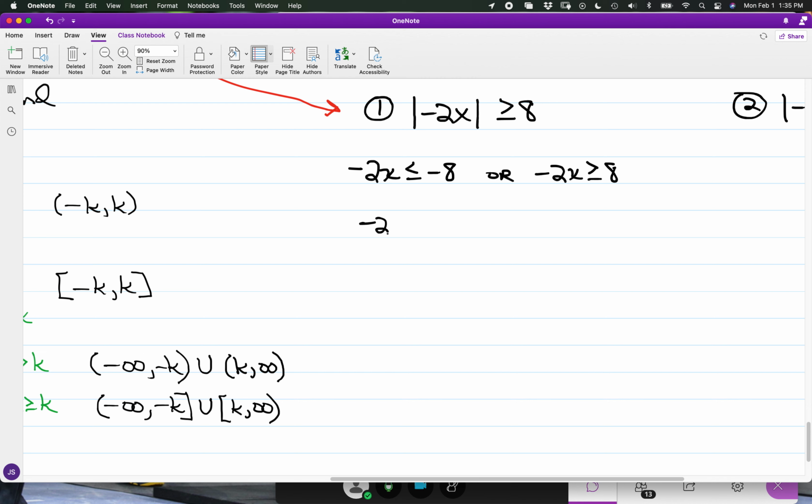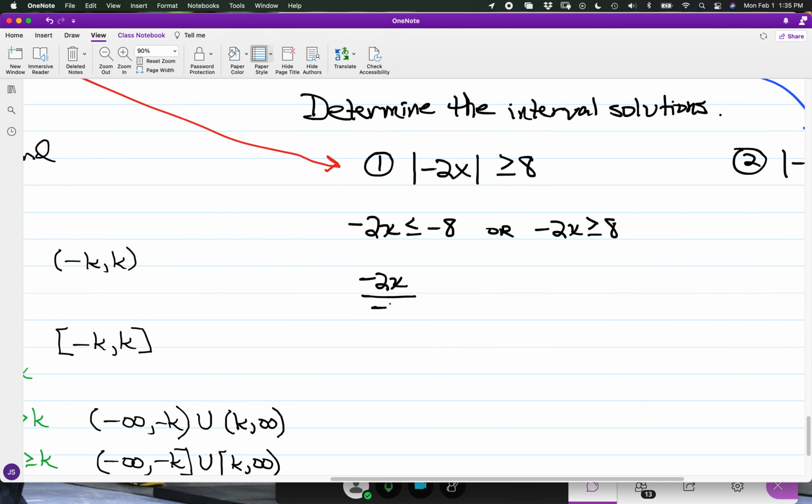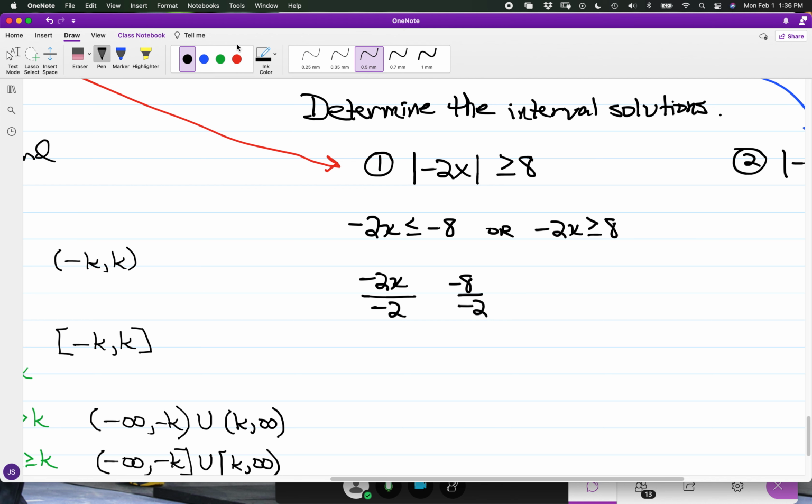Working with what we have, for negative 2x less than or equal to negative 8, if I divide both sides by negative 2 again, I'm dividing by a negative, so the direction of the inequality is going to change from less than or equal to greater than or equal to, and so I'm going to have x is greater than or equal to 4.